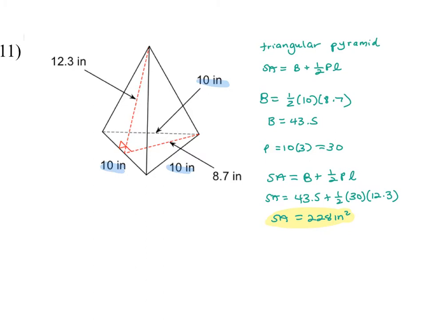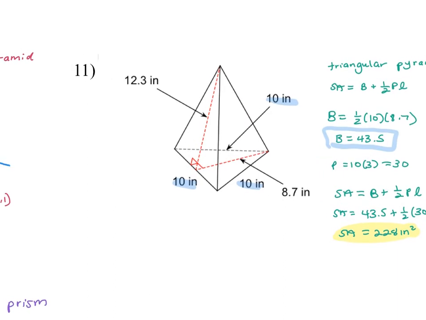So my base area was 43.5. And then from there I could find the perimeter. 10 plus 10 plus 10 is 30 times the slant height, and then divide by 2. And that gives me 228 inches squared. Pretty good on number 11.